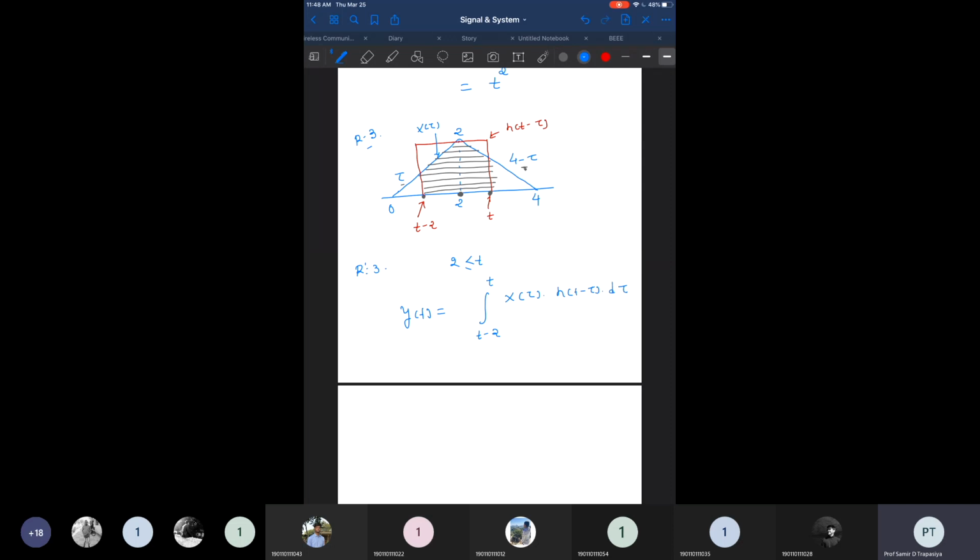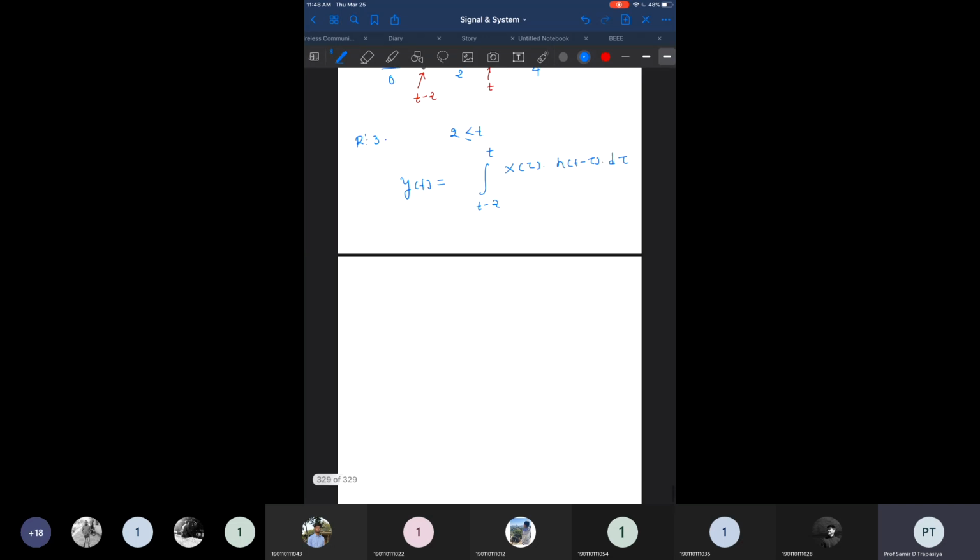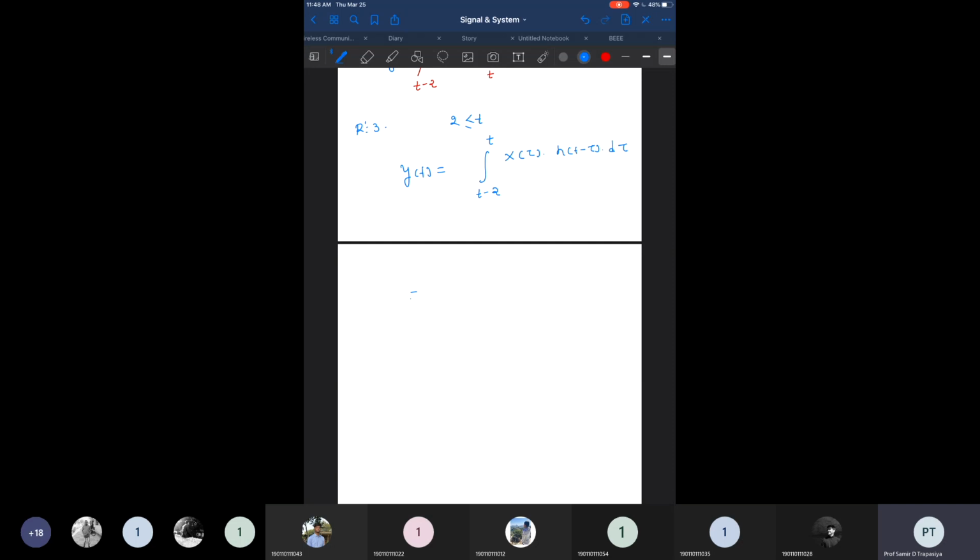So this integration is broken down into two parts: t minus 2 to 2 of x of tau into h of t minus tau d tau, and the second part starting from the point 2 and extending up to t, that is x of tau into h of t minus tau d tau.